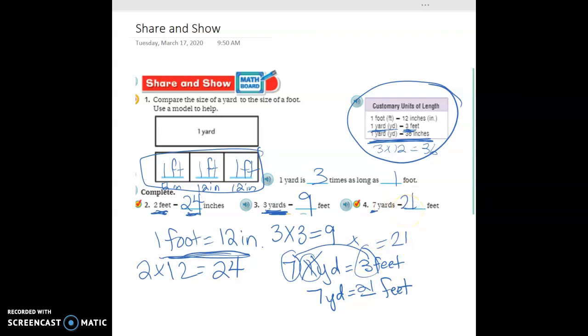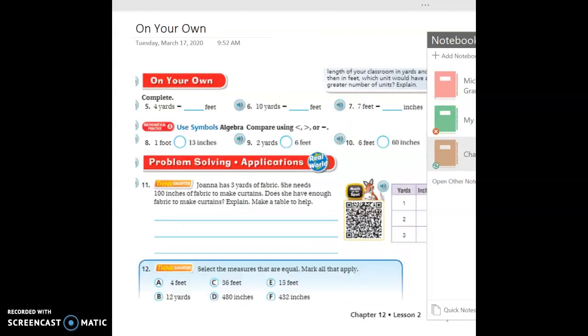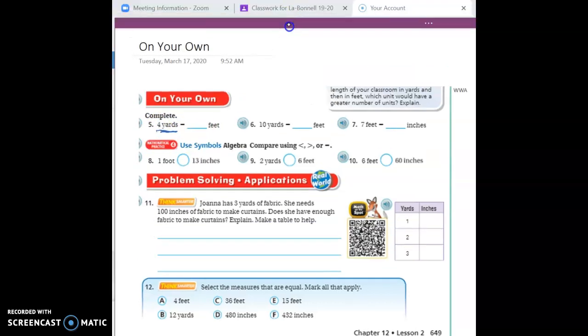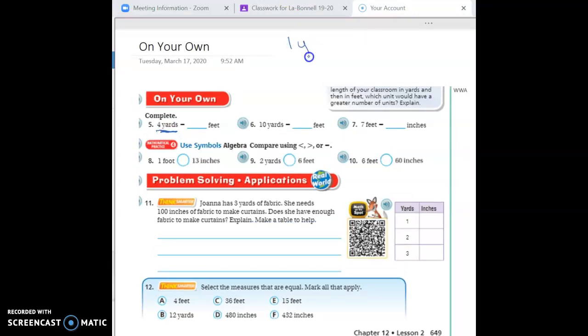Alright, so we're going to go on to the on your own part, which is a little down the page. Now I want you to remember the measurements from before. So remember, we know that 1 yard equals 3 feet from the top of the page. Now, remember, now we have 4 yards.